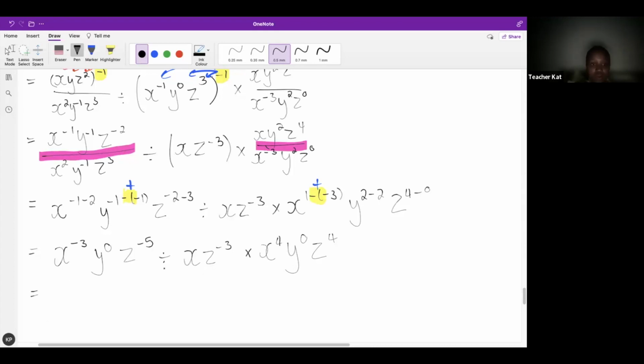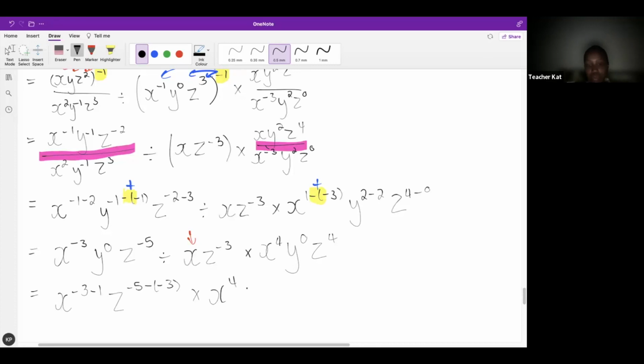If I'm dividing, what am I going to do with my exponents? Minus them. So it's going to be x to the power of negative 3 minus 1. That comes from here, in case someone has been lost there. And then y to the power of 0 is just 1, so it's gone. And z to the power of negative 5 minus negative 3, times x to the power of 4.